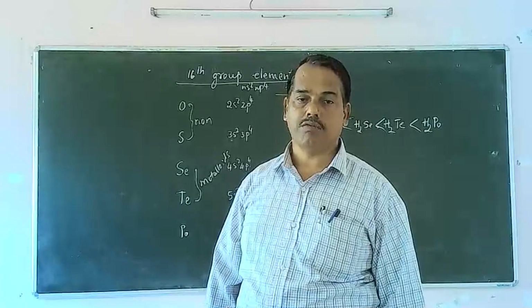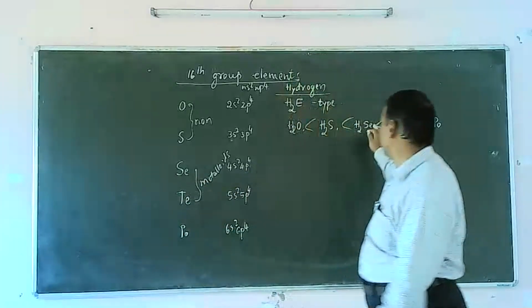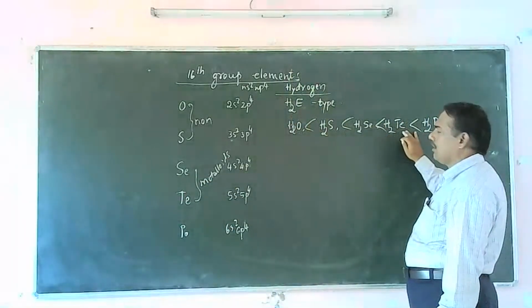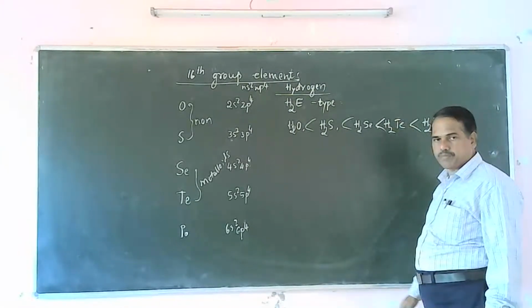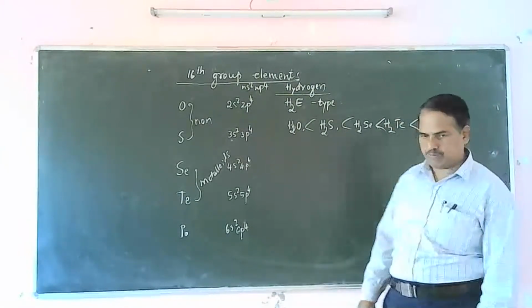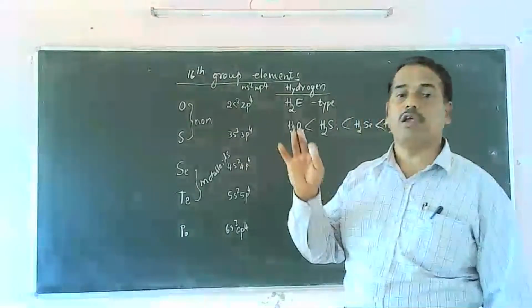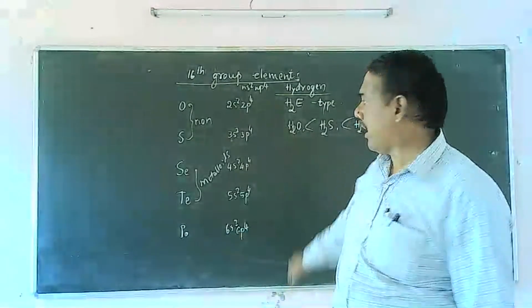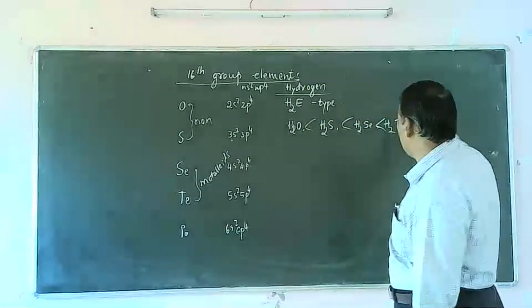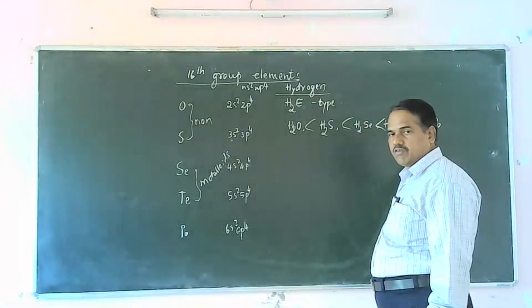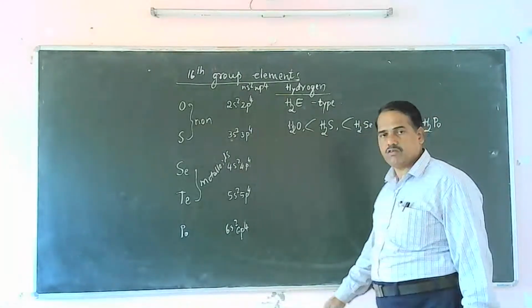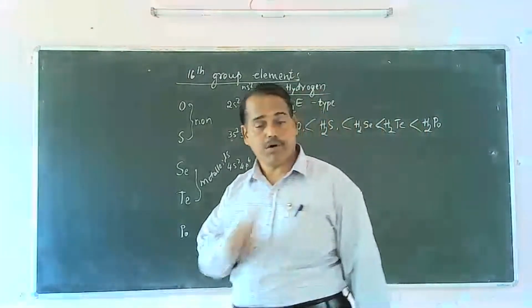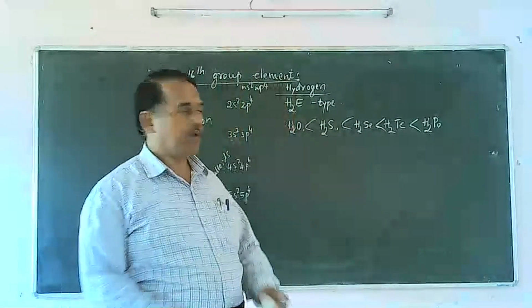As the size is larger, going from sulfur to selenium to tellurium, the bond can easily dissociate. So acidic strength is mainly due to bond dissociation enthalpy. As bond dissociation enthalpy decreases, acidic strength increases.